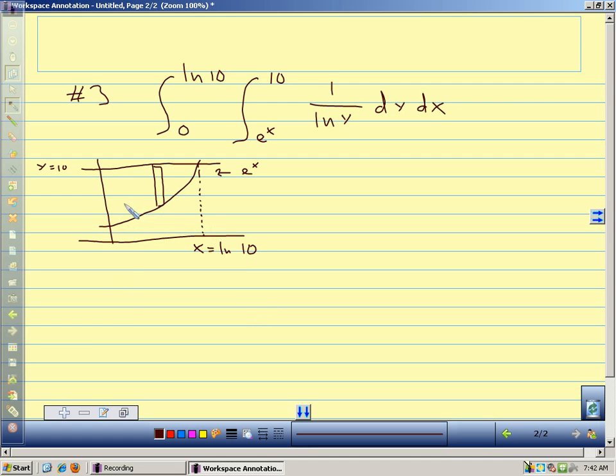So if I switch my rectangles and I go this way, we'll rewrite this integral. X goes from 0 to natural log 10. Y goes from 1 to 10. Good. 1 over natural log y dx dy. Now you should be able to do this one quickly. You should be able to do this one in your head.